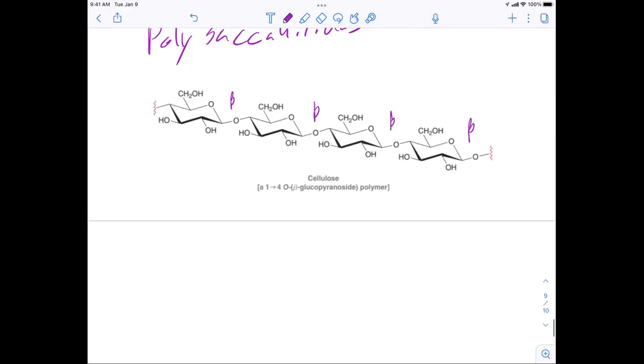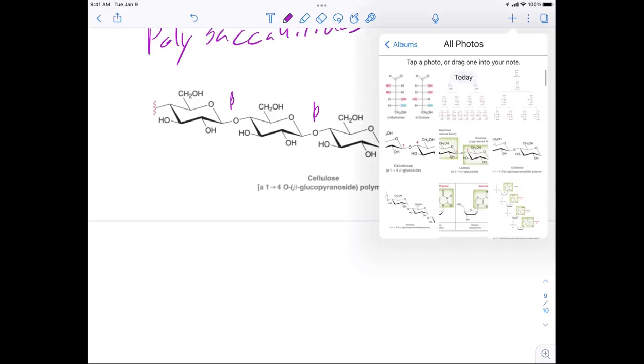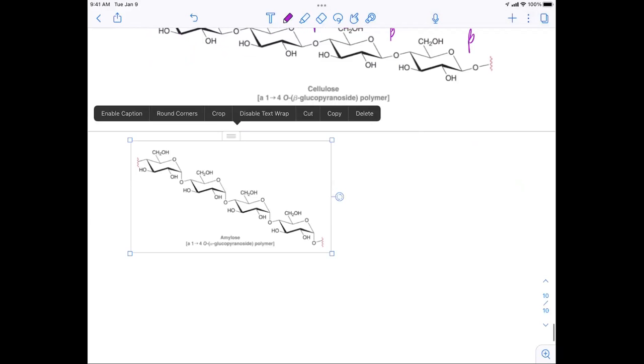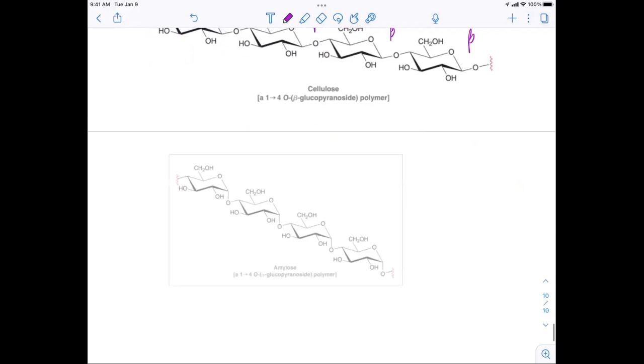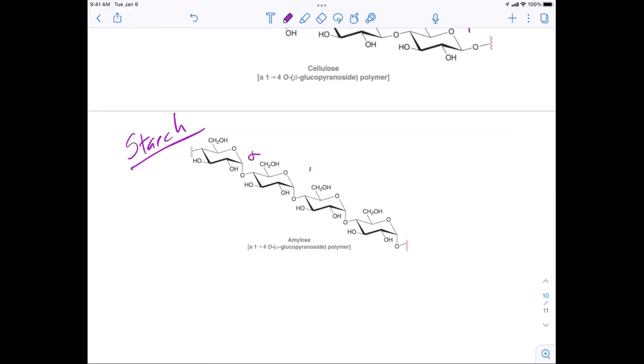If we look at amylose, which is a starch, here we've got all alpha linkages.